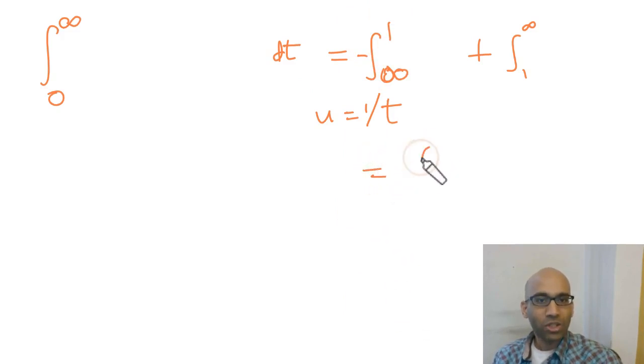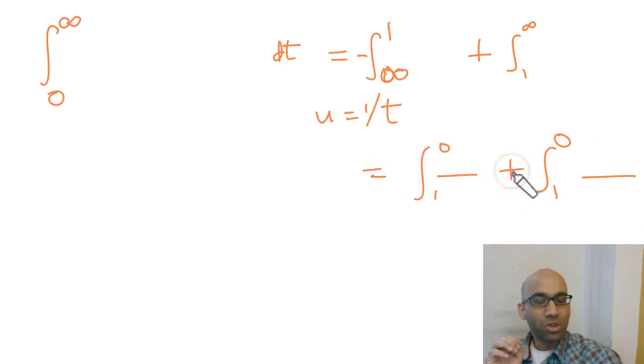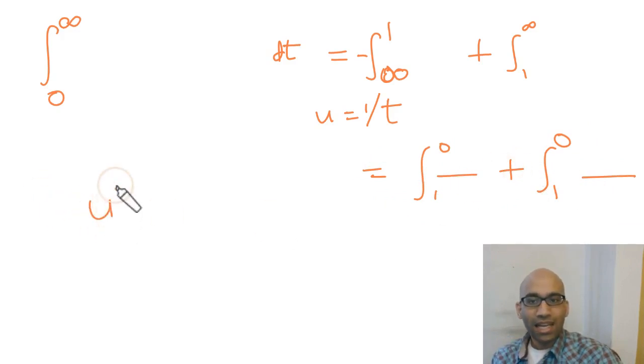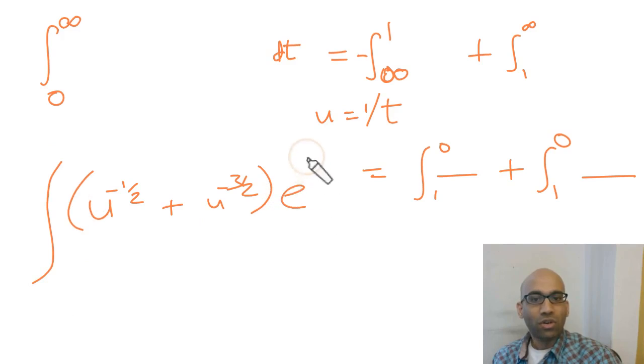And so we actually had a 1 to infinity plus a 1 to infinity, which we then added these terms together to get something like a u power minus half plus u power minus 3 divided by 2 kind of integral, which had an e power as well over here.